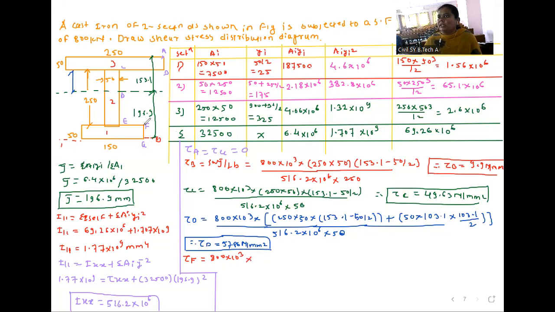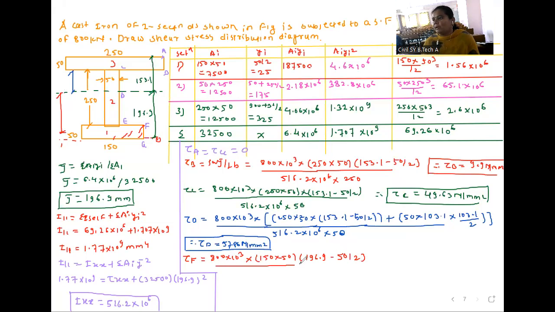Now we are calculating at F. So below F, we will consider the area. So here 150 into 50, so 150 by 50 into the centroid. Now from this to this distance, 196.9 minus 50 by 2.